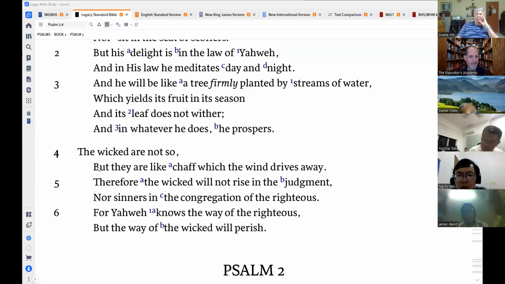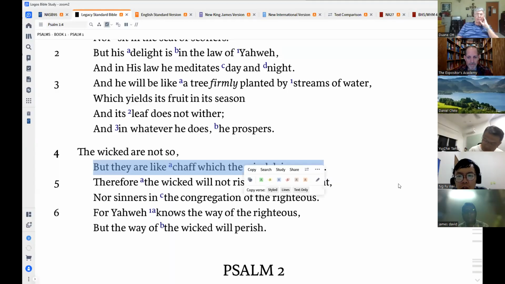The thriving tree in verse 3 is useful, productive, blessed, stable, protected, anchored. But the wicked are described like chaff, which is the complete opposite. And so just by that one statement, they are like chaff, which the wind drives away.